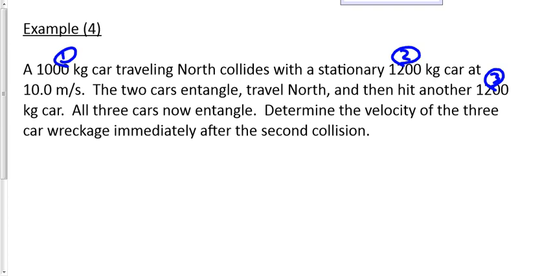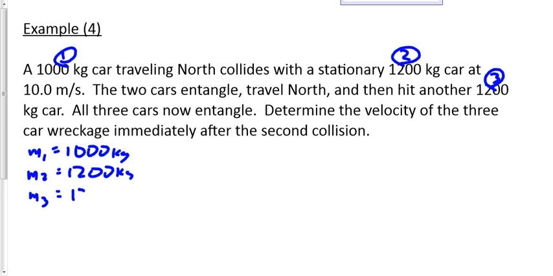Well, let's write down some givens. I'm going to say M1 is 1,000. I'm going to say M2 is 1,200. And I'm going to say M3 is 1,200. Something's 10 meters per second. Everything's north, so I'm not going to worry about signs there. What's the 10 meters per second? What V is that? V1, well, this isn't the eye doctor anymore, is it? V1, V2, or V3?